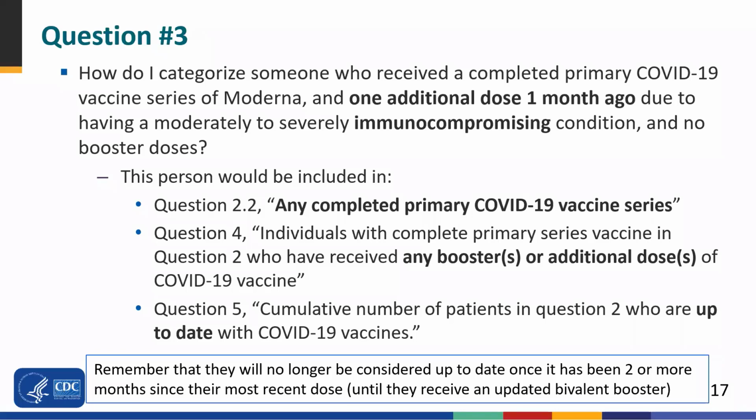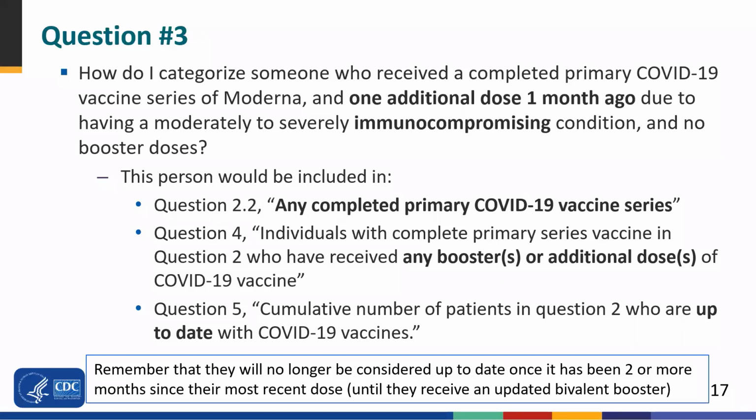The individual is considered up to date because they received their additional dose 1 month ago, so they are not yet eligible for a booster dose. They would be counted in question 2.2, any completed primary series, question 4, any additional or booster doses, and question 5, up to date.